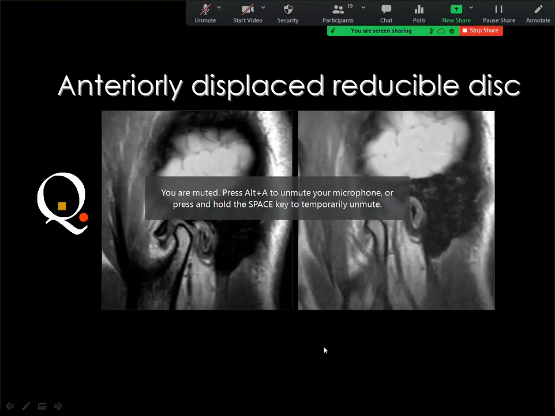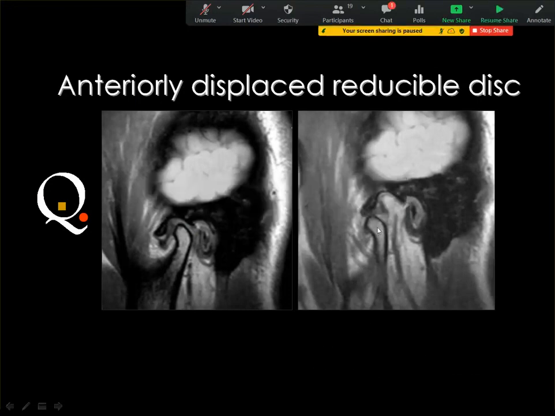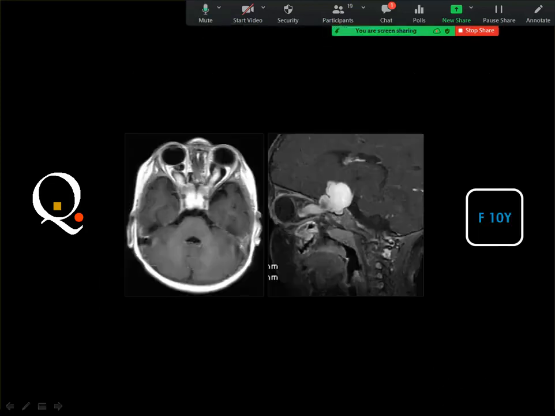Okay, then we shall proceed to the next case, and this is a female child, 10 years old, with, as you can see, bilateral optic nerve masses that also extended to involve the chiasm with intracranial extension, as you can see here.